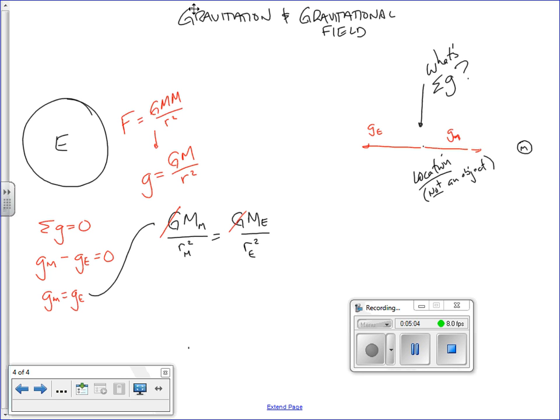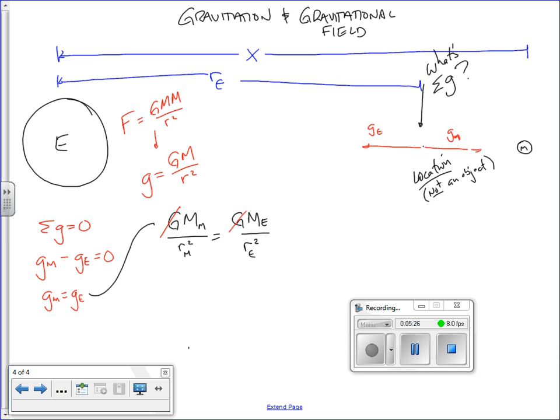Let's call this x. I know first block you saw this the other day, and I did it a little bit differently, just with different notations. Here's what we call our Earth, and here's what we call our moon. We know what x is.